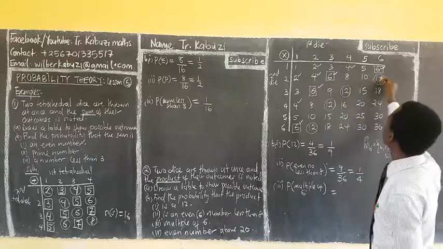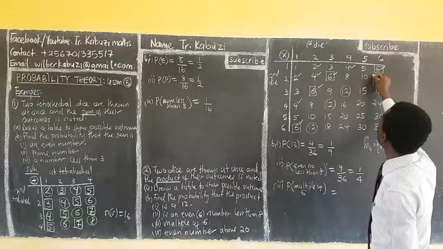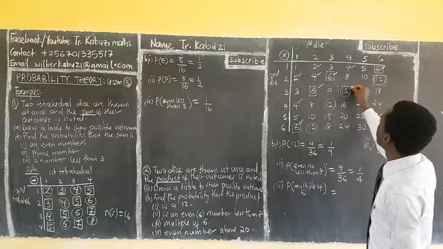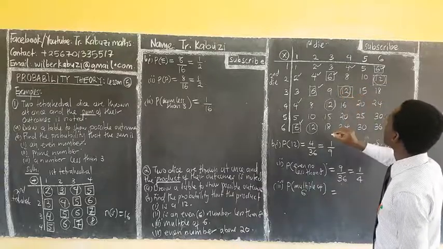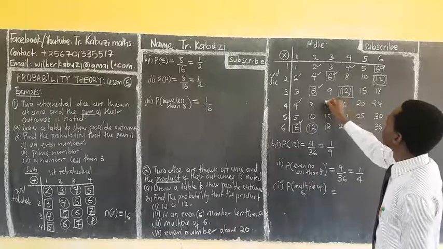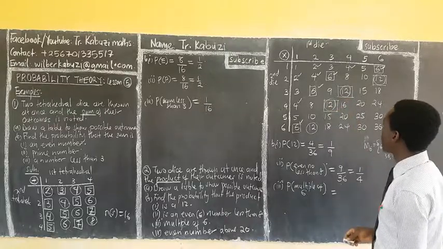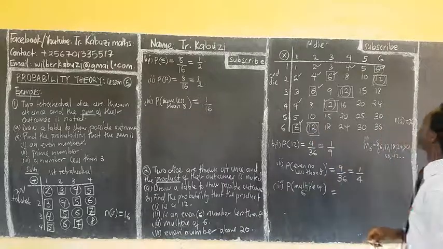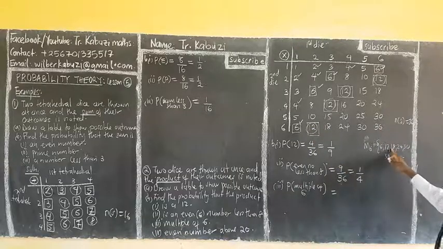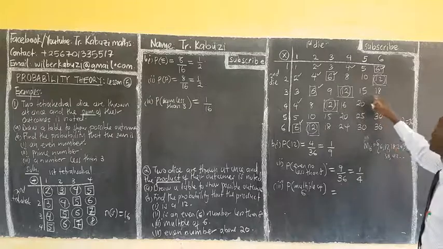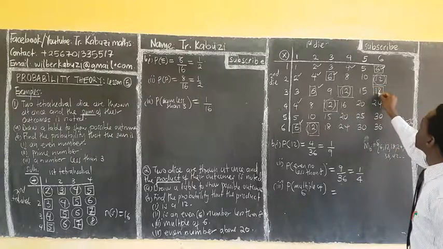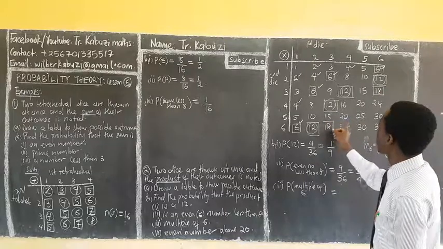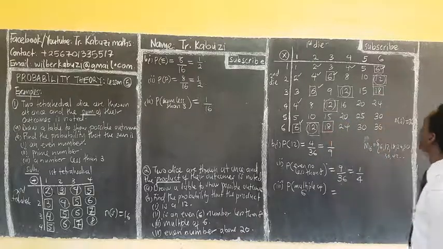We have this 12, this 12 also, and this one, and also this one. Then I come to 18. Do we have 18 anywhere? Yes, this 18 and here.